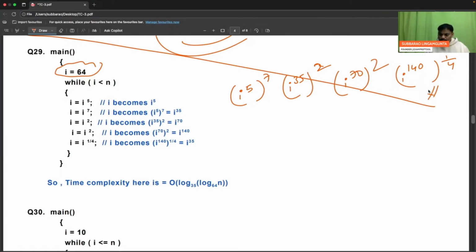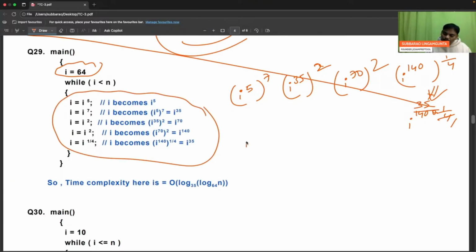So it became i power 140 into 1 by 4. 4 threes are 12, 4 fives are 20, so 35. Overall, if you observe clearly, it became i power 35.